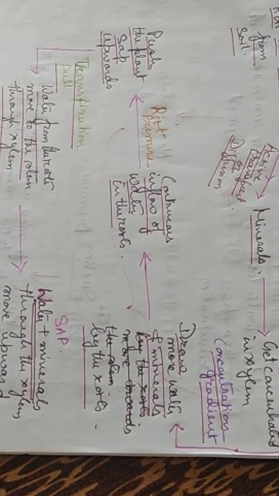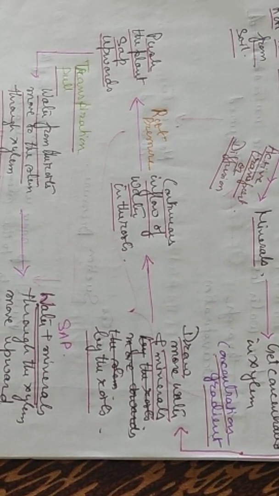Now, that is pulling the water and minerals from the root hairs. Water is being absorbed from the root hairs through osmosis, and minerals are being absorbed along with that water, through active transport and diffusion, depending upon the concentration of minerals inside the root hair cells.